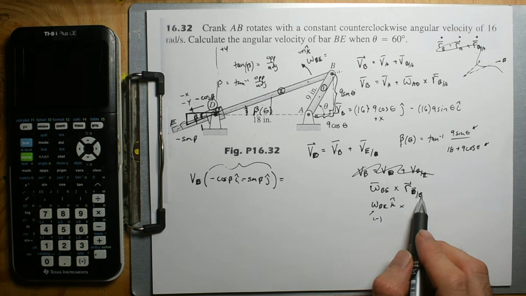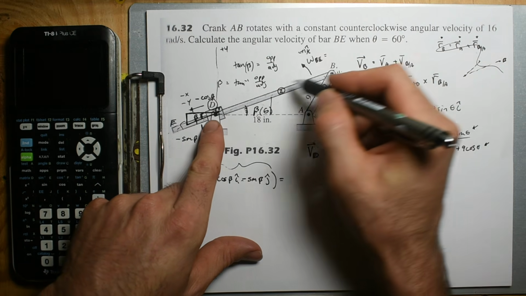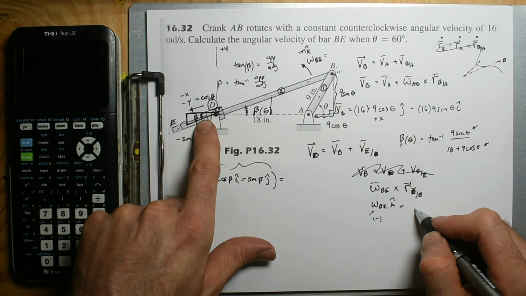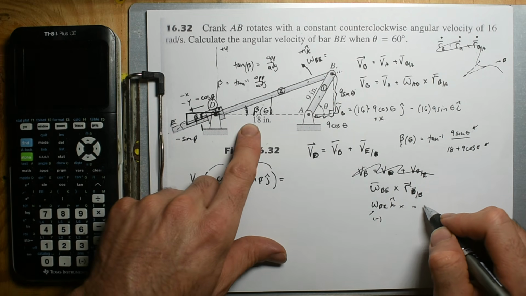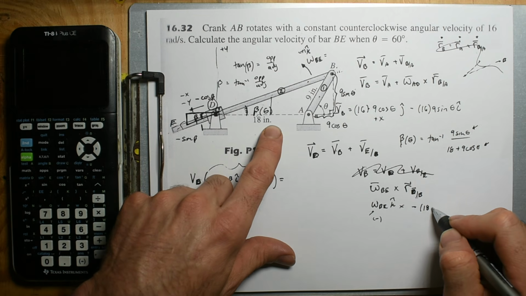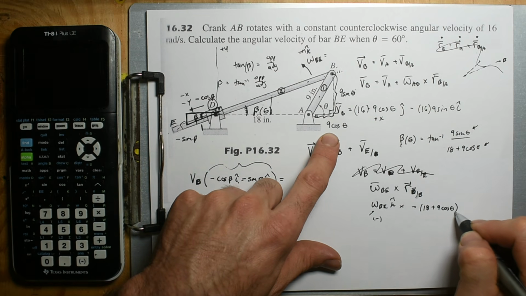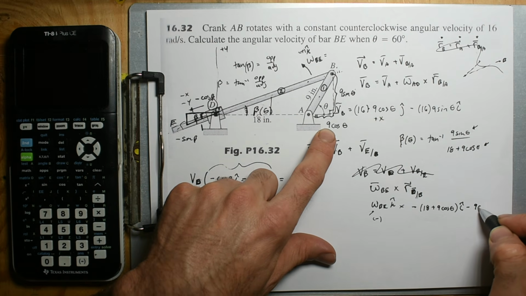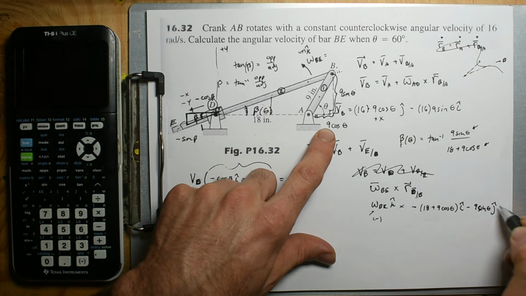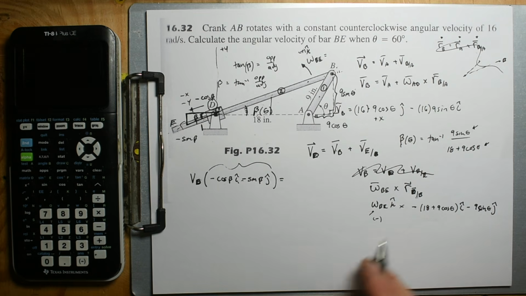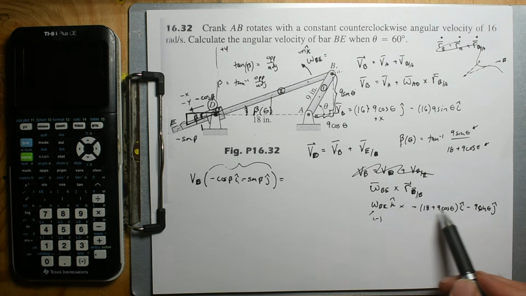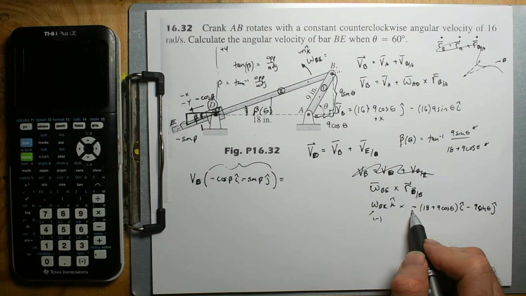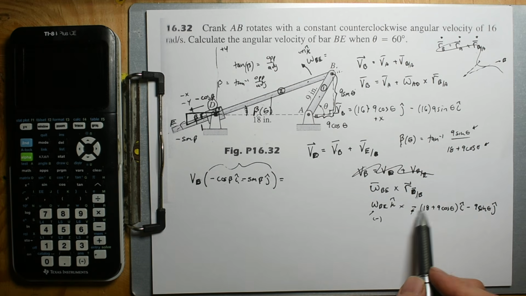Alright, brutal. So we have B to D. So this is where we actually get our position vector. We're going to go in the negative and then negative direction. So I'm going to have negative 18 plus 9 cosine theta i hat, minus 9 sine theta j hat. And when we do the cross product, k cross i is going to be that positive direction, but we would be aware of this negative.